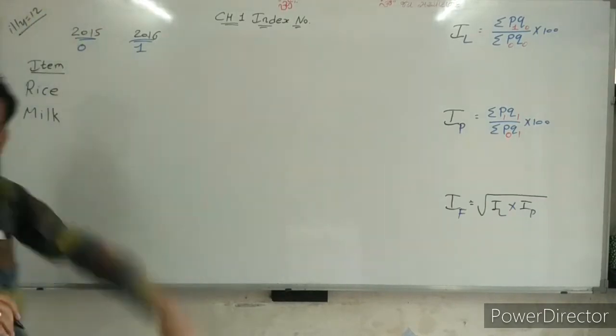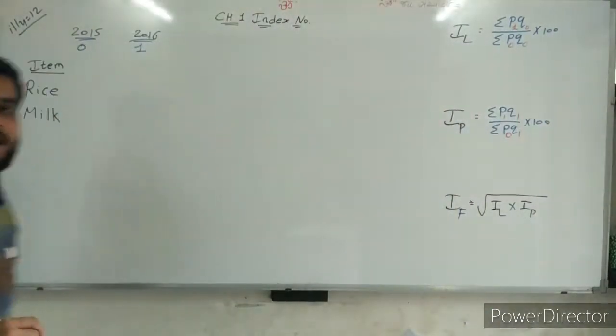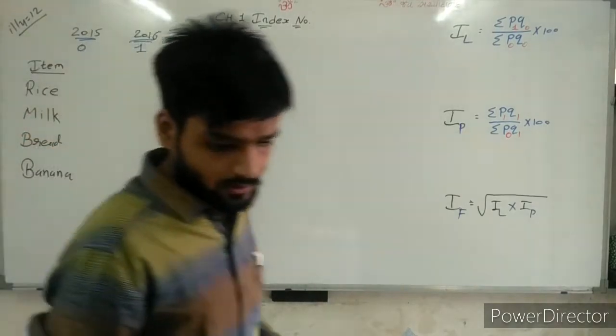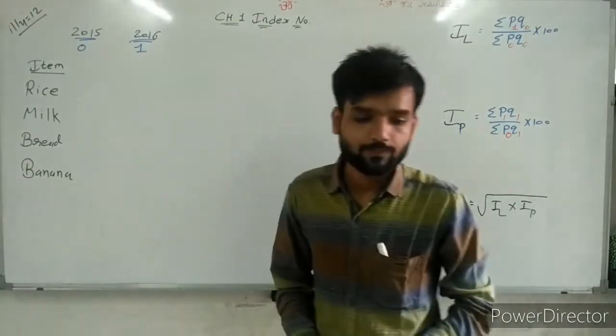Second item is milk, bread and banana. So these 4 items are given.